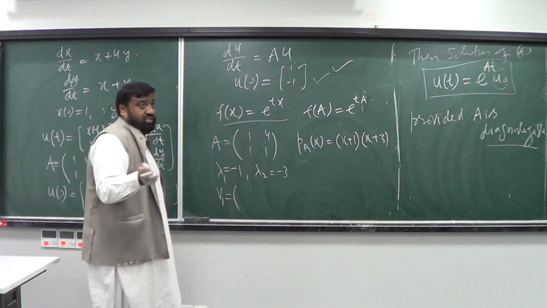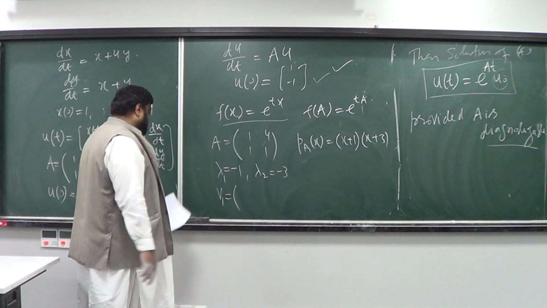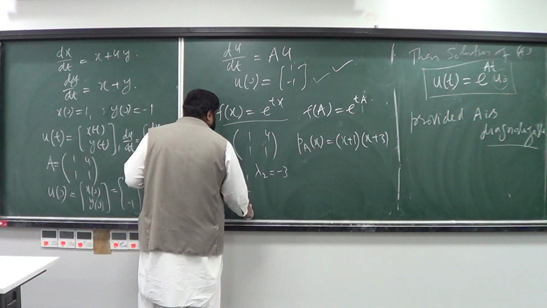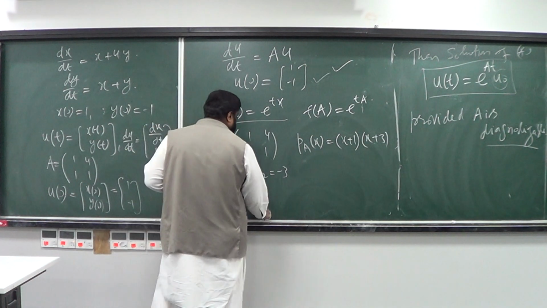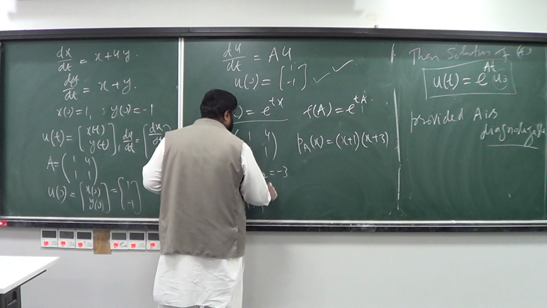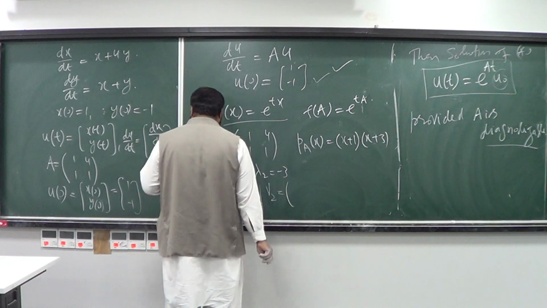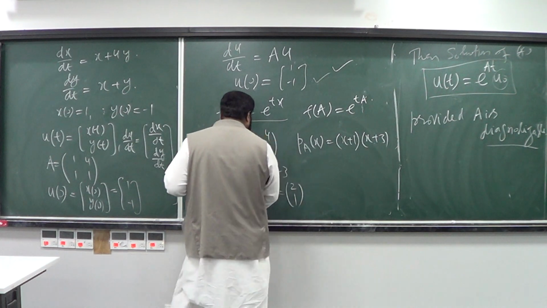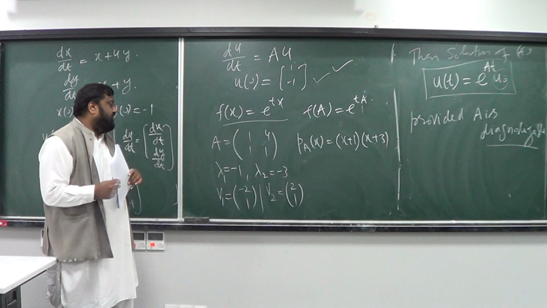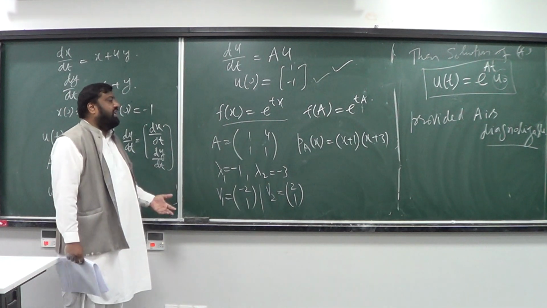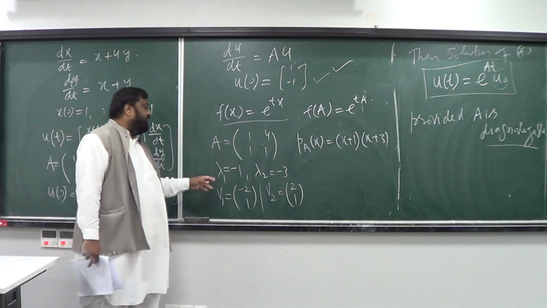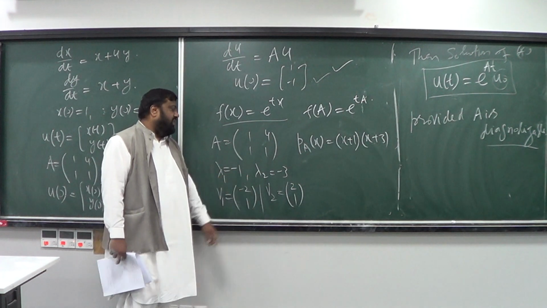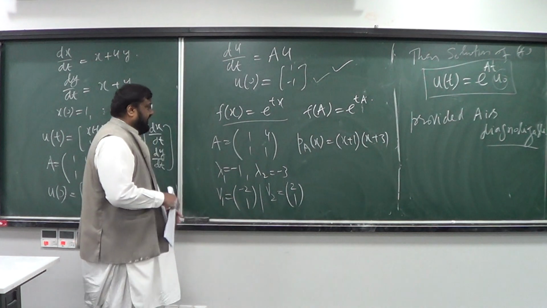You know how to do it, so I'm not going to get into these basic calculations. The eigenvector associated with -1 is -2, 1, and the eigenvector associated with the eigenvalue -3 is 2, 1. These two vectors span the eigenspaces of the matrix A associated with these two eigenvalues.